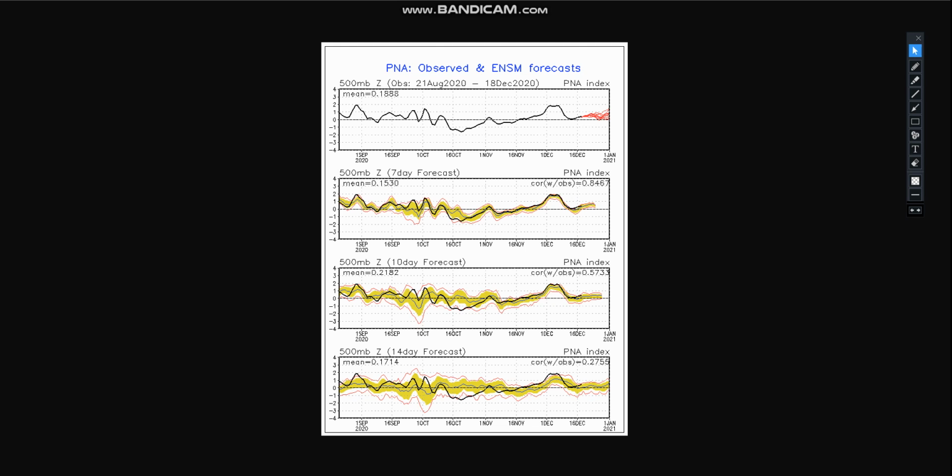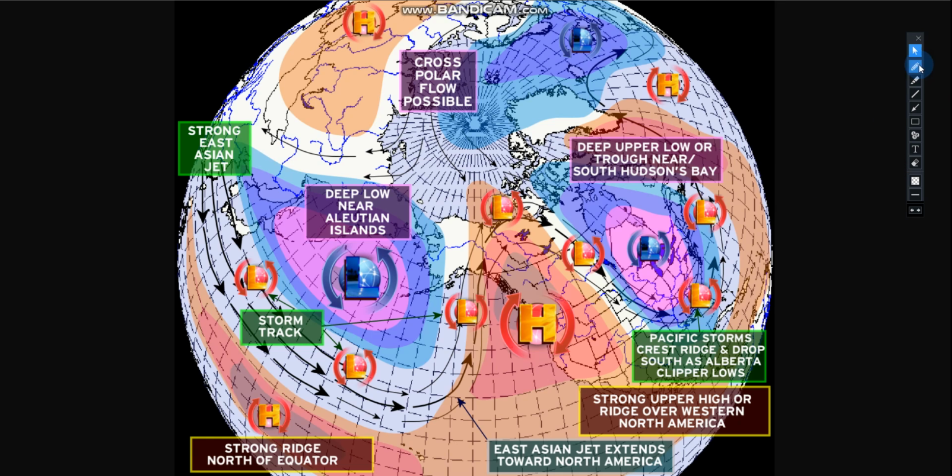Now, a PNA. A PNA here is a ridge that sets up in the western part of the US. That drives that cold Arctic air from the Arctic region straight down into the US. Now, when you have a negative AO, which is depicted on this map here, a high that sets up right by Greenland, that sends pretty warm air aloft into the Arctic, which forces the cold down into the east.